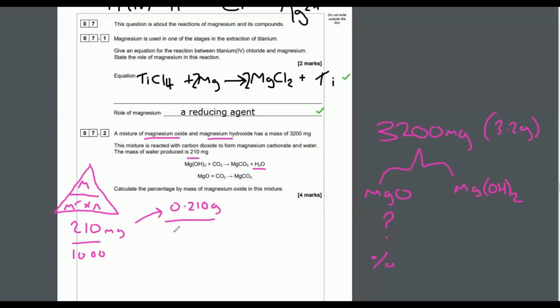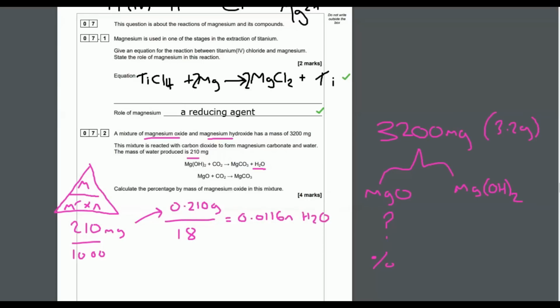And we're going to divide the mass by the Mr of water. Hydrogen has a mass of 1 each, so H2 is 2, and oxygen is 16, so total combined is 18. We're going to divide that, and that's going to give us 0.0116 moles of H2O.